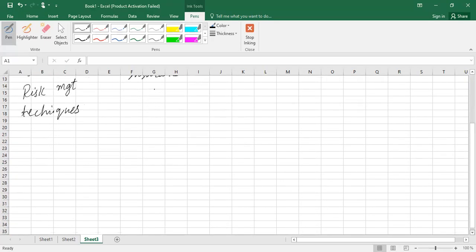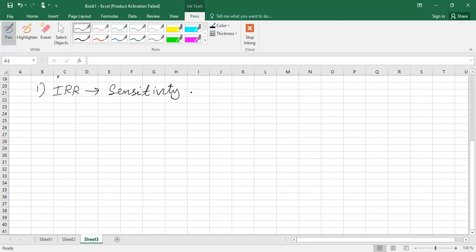Now we have different concepts which deal with risk and uncertainty. First one is IRR. We have already discussed this IRR. It measures the sensitivity of the discount rate.